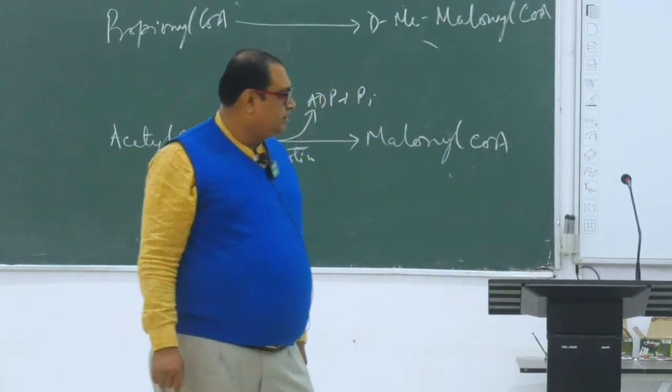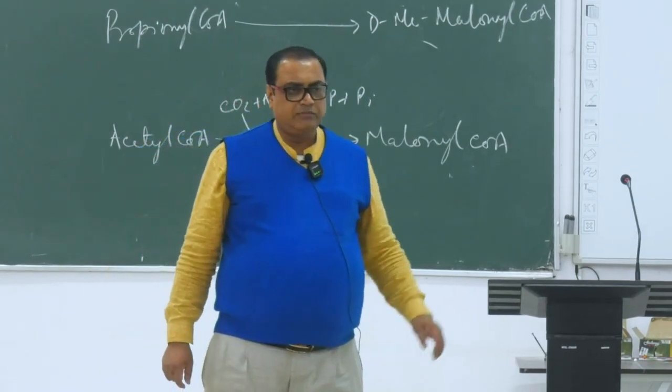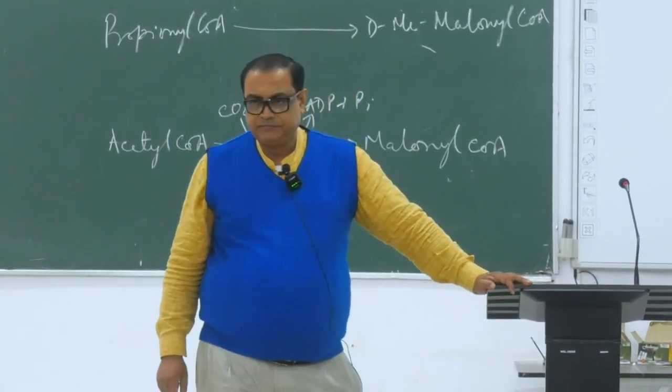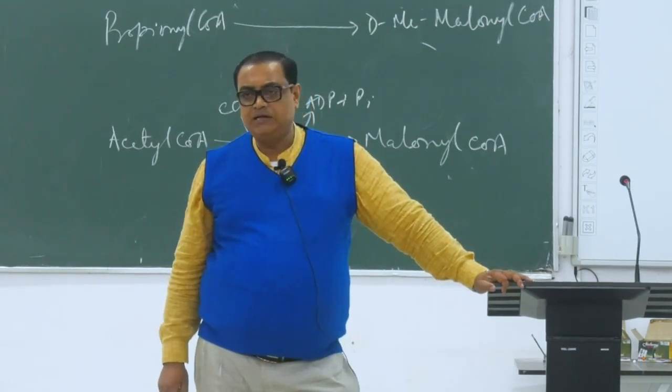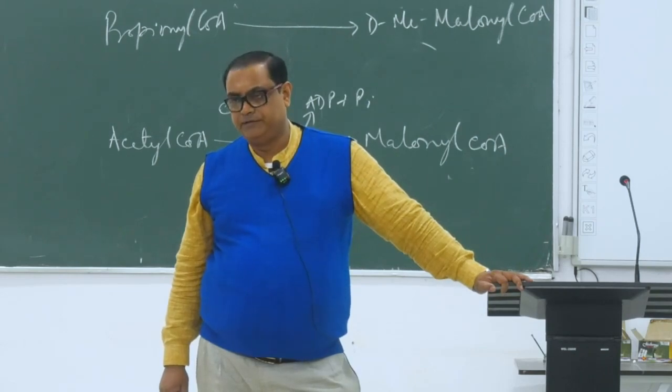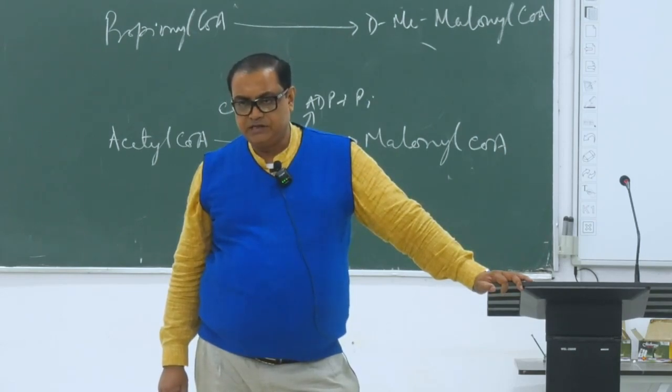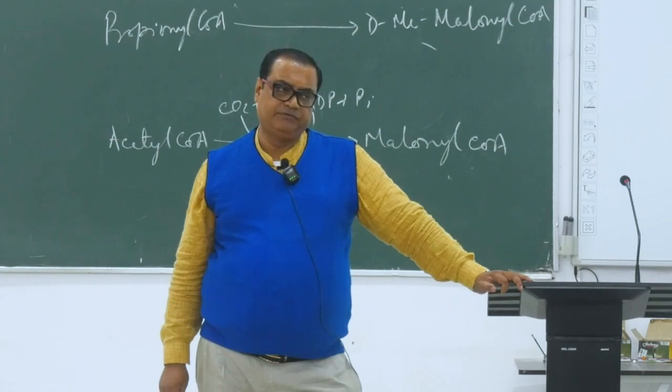Next, beta methylcrotonyl CoA carboxylase. This is very difficult, you have never heard of it. This is an enzyme in the branched chain amino acid catabolic pathway.